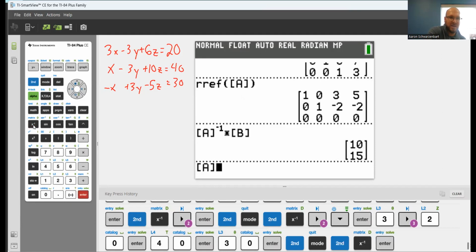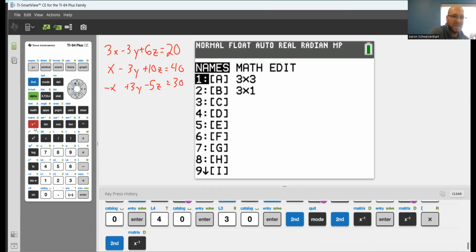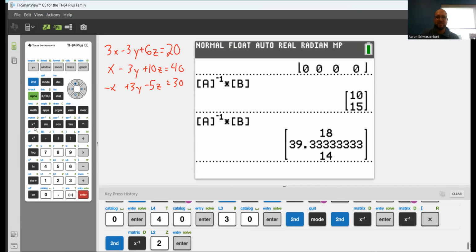Matrix A inverse times B. X is 18, Y is 39.33, and Z is 14.